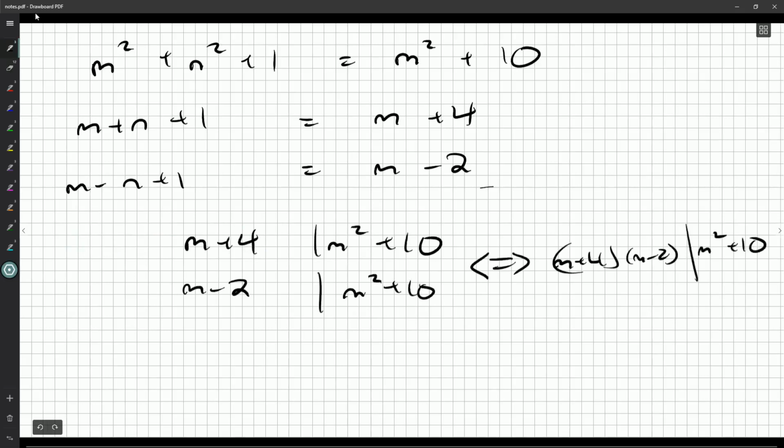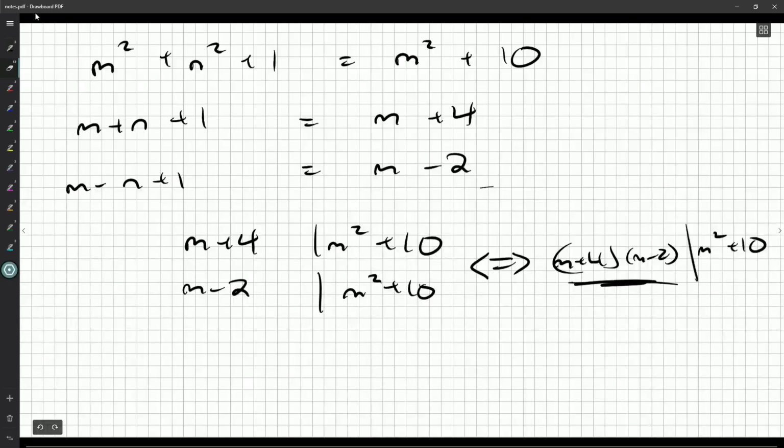That's not the case because depending on certain values of m, there might be, say, a common factor of 5 or something. And m squared plus 10 might be something like 15, which has only one factor of 5, but you'd be assuming it has two factors of 5.